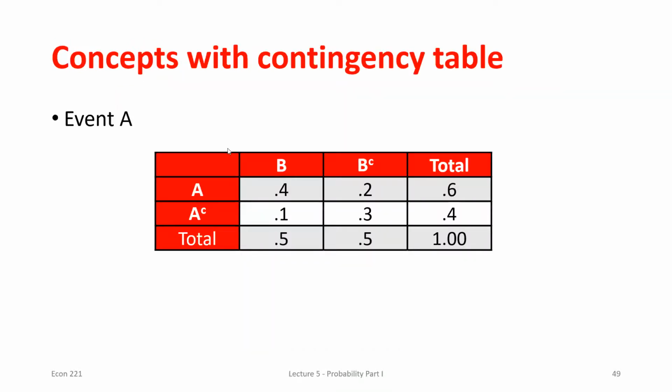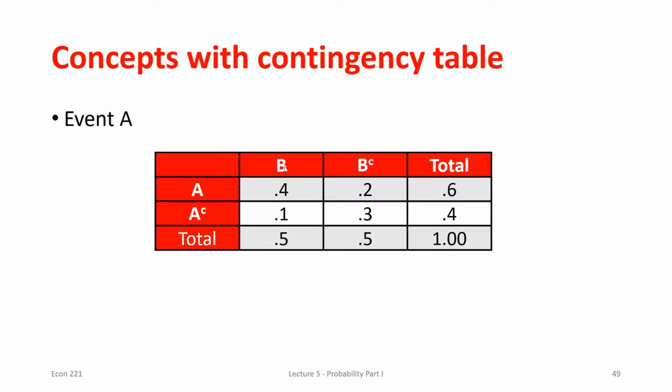So one thing we're going to start trying to use are these contingency tables, right? These contingency tables try to give me the probability of these different events, and we can also start to look at intersections and unions of them. So here we have events A and B. The total columns tell me the probability of the row and column headings.